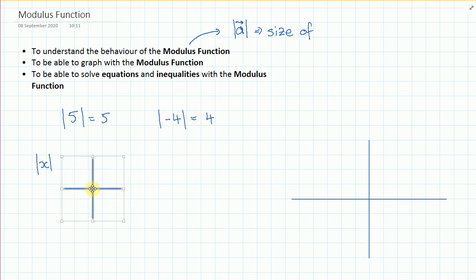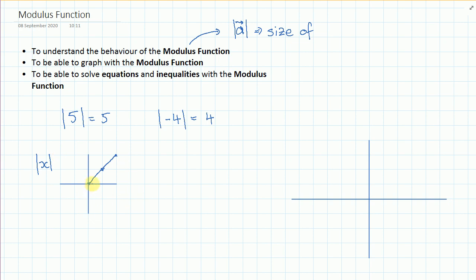So the modulus of x says that any number where x is positive, the line is the same. So x is 0, x is 1, output is 1, x is 2, the output's 2. And x is 0 is neither negative nor positive, so modulus has no effect upon 0.